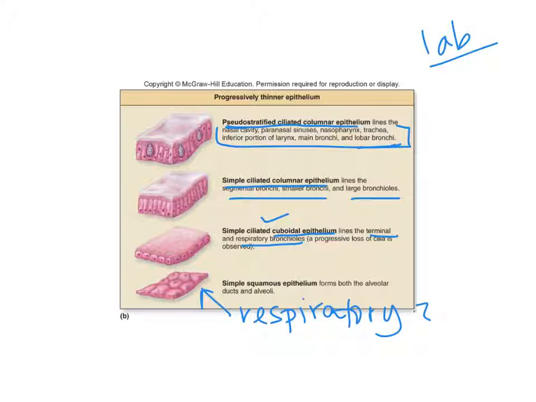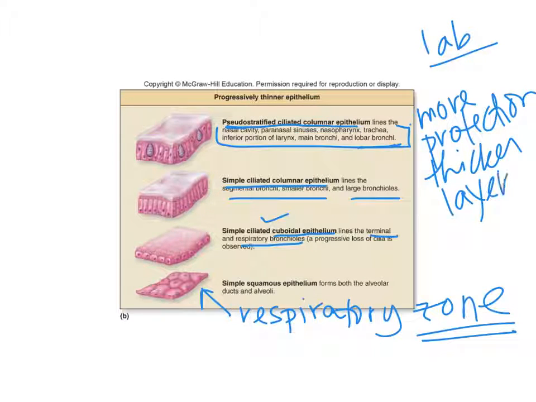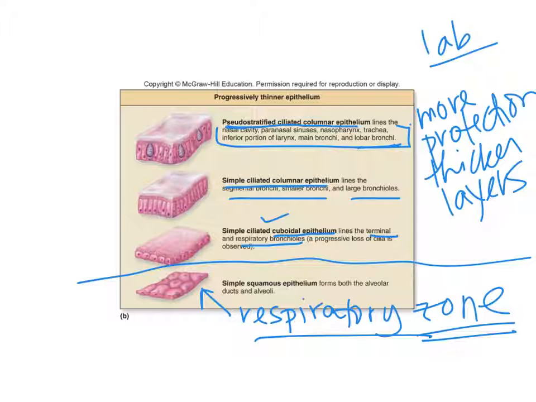So it'll be simple squamous. If you think about out here, we're going to need more protection, right? So we need thicker layers. And then down here, we're getting to the respiratory zone where we need it to be thin for gas exchange.